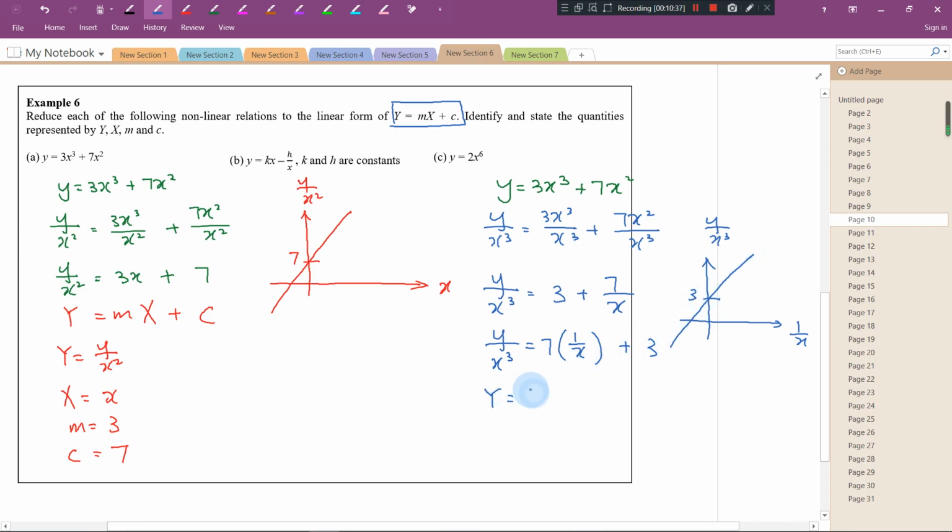The big y is y over x cubed. The big x is 1 over x. The gradient is 7 and the y-intercept is 3. So some students might be thinking, how do I know in the exam whether I want to do it this way or this way? You don't have to worry because the question will tell you what to do.